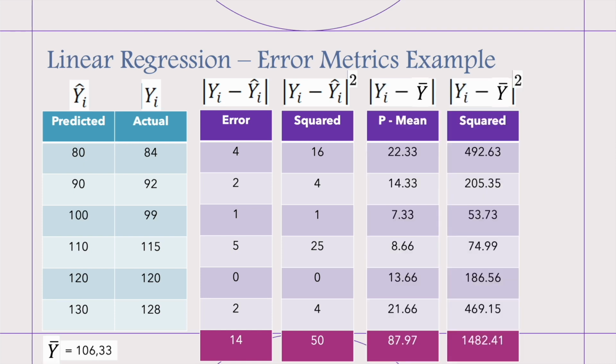Okay. Now let's look at this difference between the actual value and the mean. Here the mean is 106.33. So according to that operation, we will find the total sum of the squared differences from the mean.